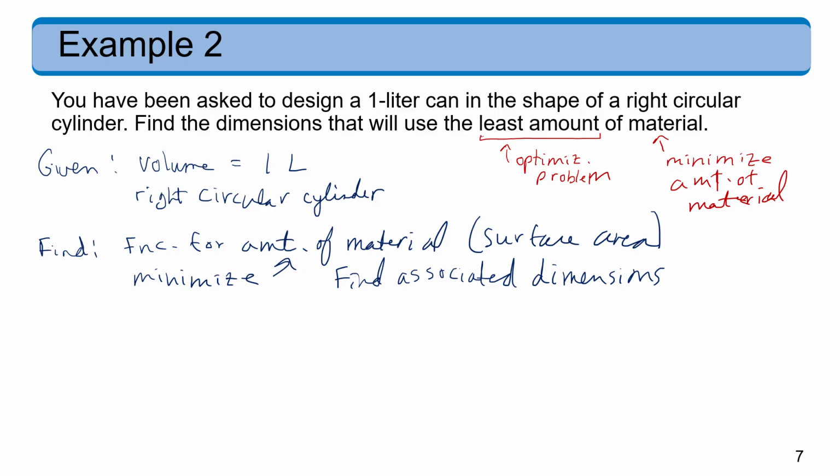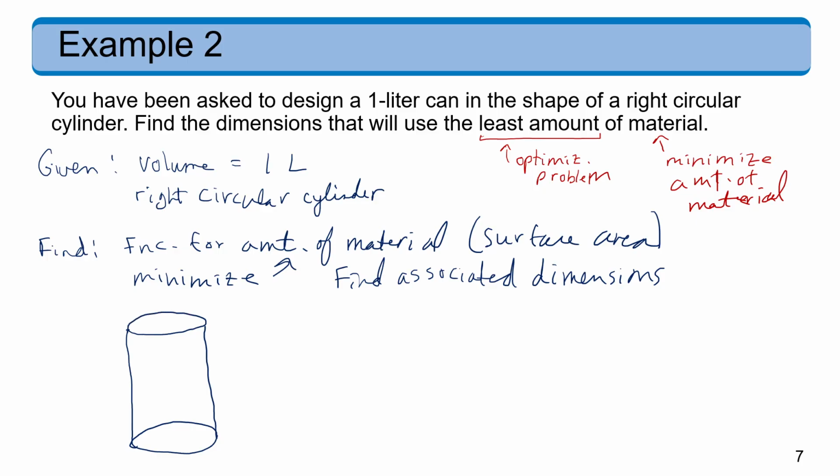Okay, so now we have a feel for the problem, what was given, and what we want to find. The next steps, 2 and 3, kind of go together, and that's sketching a figure and giving names to your unknown variables. So the obvious sketch here is a right circular cylinder. Circular cylinder means the base is a circle. Right means the sides go up perpendicular to the base.